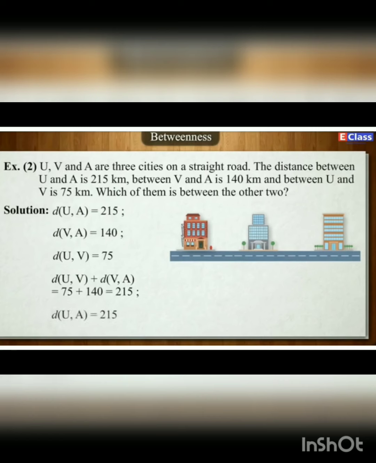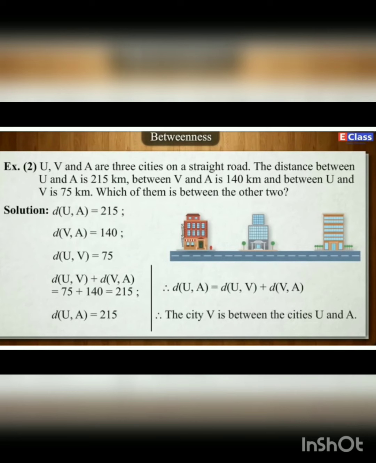Distance of UA is equal to 215. Therefore, distance of UA is equal to distance of UV plus distance of VA. Therefore, the city V is between the cities U and A.